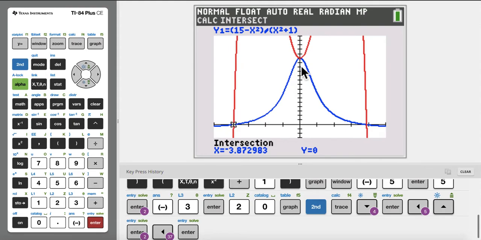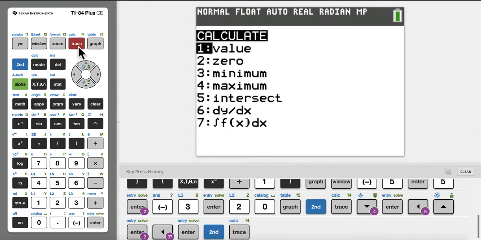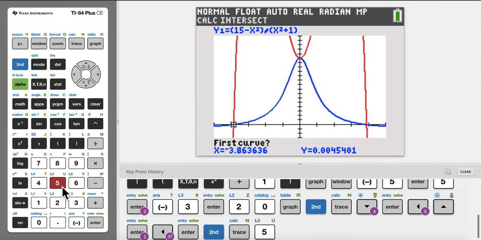Let's review that process and find that point of intersection that's in the middle. Remember, go second and calc to get our calculate menu. We want to find the point of intersection, which is the 5th option. So I type in 5. The calculator asks for the first curve. Looks like I'm on the blue curve right now, so I hit enter.